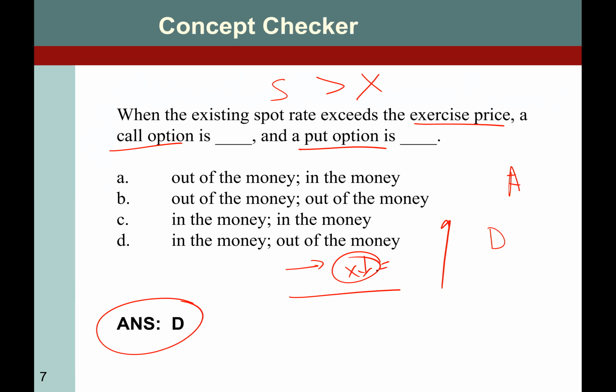You buy from the seller of the call option and you sell it into the market at the spot price. So when S minus X is a positive number, the call option is in the money.